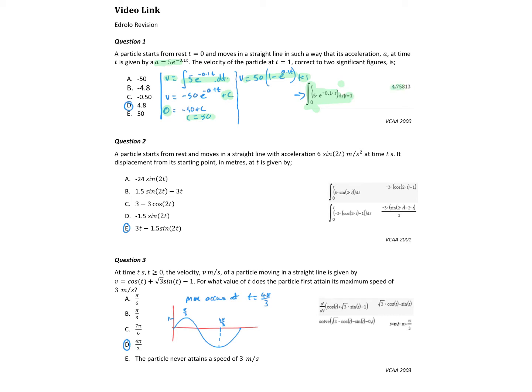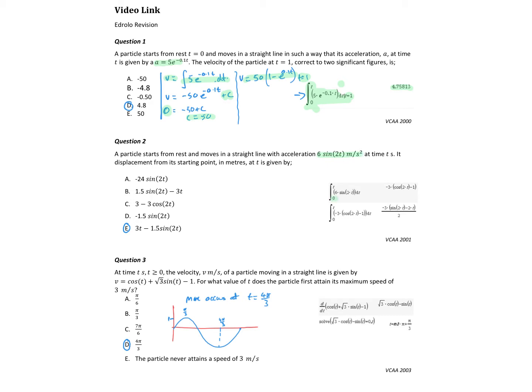So I guess that integral notation form is just a more succinct way of working out my antiderivative, working out my initial condition, and then substituting a t value in, okay? Number 2, again, there's my acceleration.